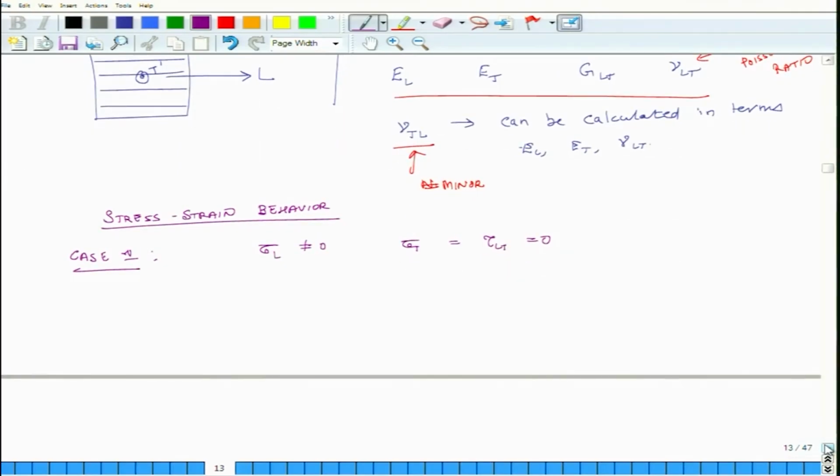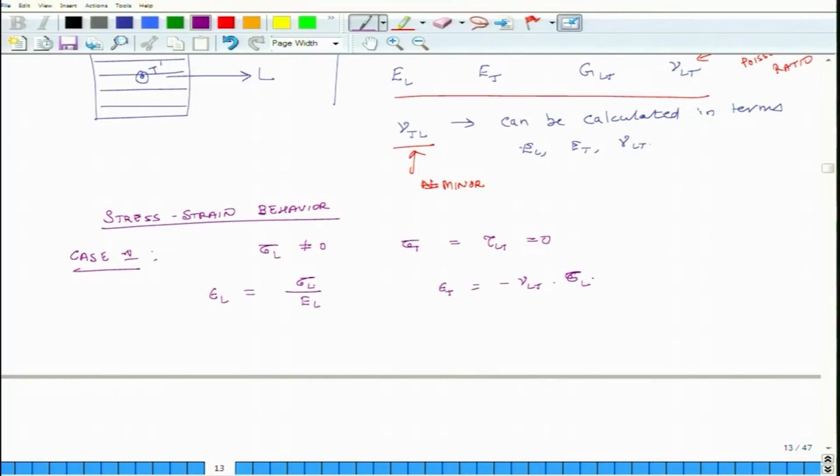This system will generate strains. In that case, epsilon L is what? Sigma L divided by EL. This is how we have defined EL. And because the thing becomes a little longer, it will also become slimmer because of the Poisson's effect. So, the transverse strain epsilon T will be what?